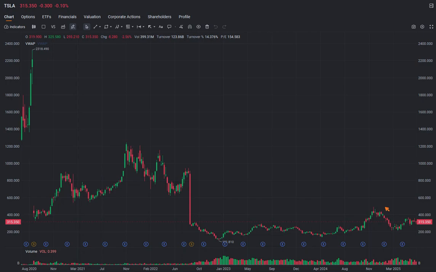Keep in mind that the chart looks a bit crazy because Tesla went through a couple of stock splits. We don't have the time to discuss them, but trust me, investors made a lot of money in Tesla despite what you see here on this chart. If we go to the 1-year chart, this is how Tesla basically looked.